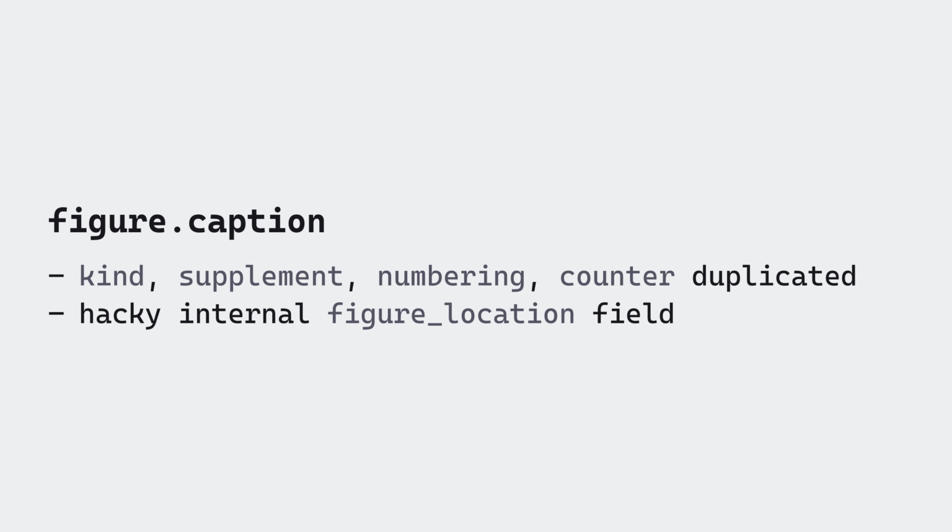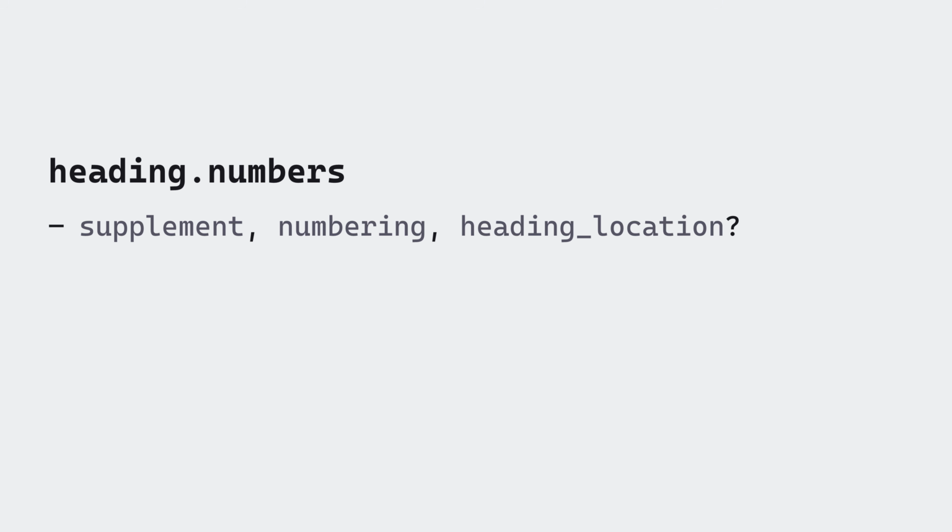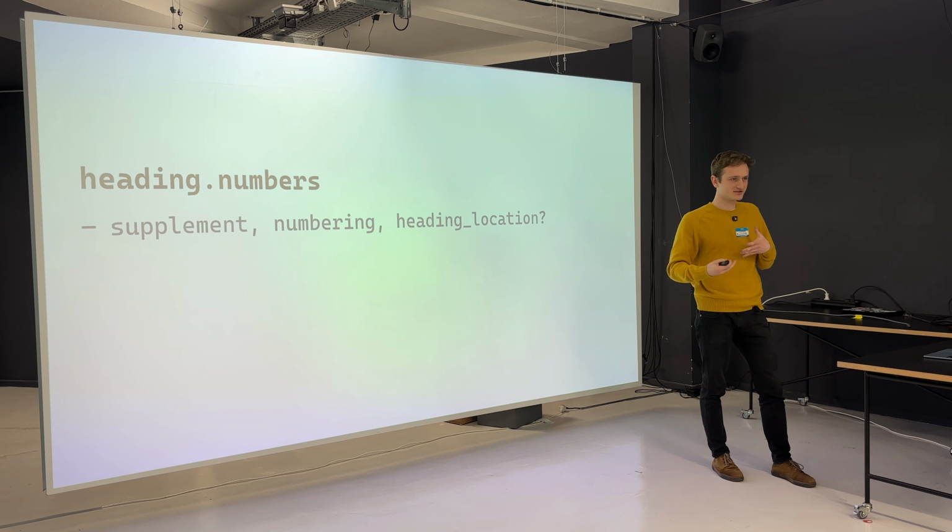It has an internal field called figure location, which you're not supposed to know about, but which is needed to make it work. And if we applied that genius design to heading numbers, let's imagine an element for styling the heading numbers. Do we add a supplement and numbering field and a heading location field just so that this number element can somehow show itself correctly?